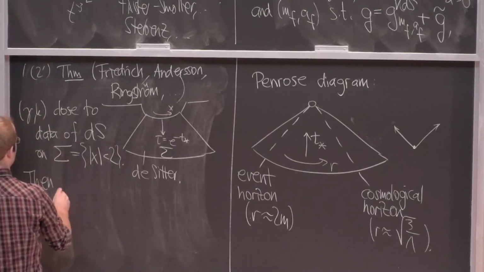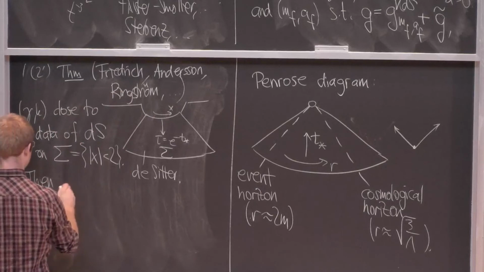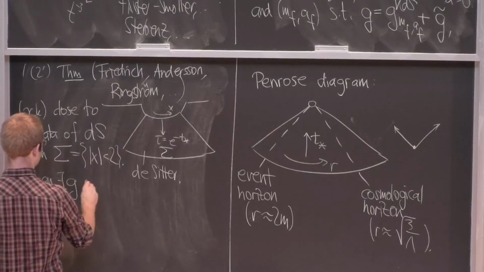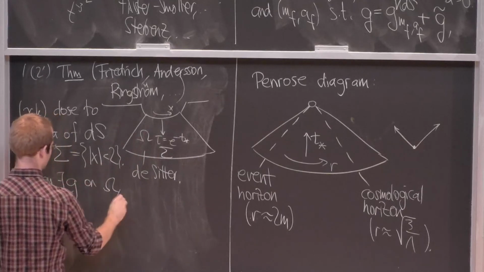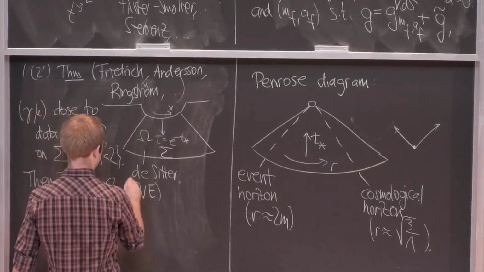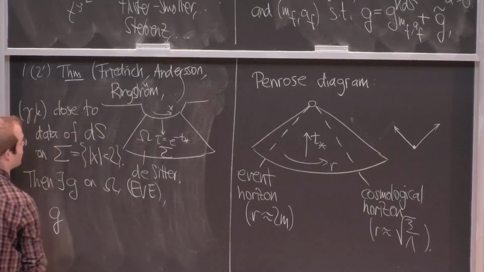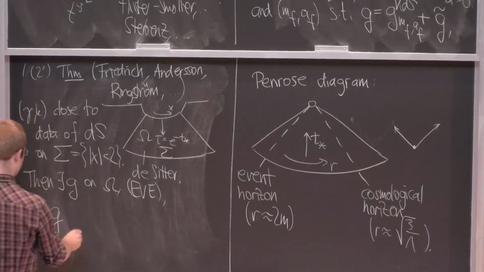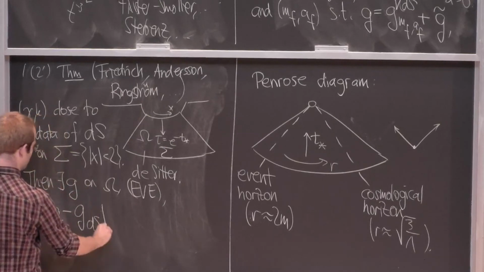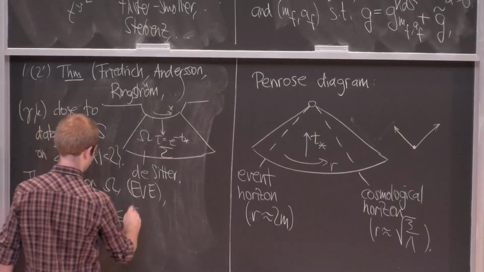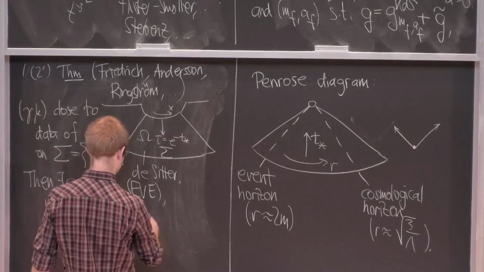Then you again have a global solution g. So then there exists g on omega which satisfies the Einstein vacuum equation. But this time, there are no interesting degrees of freedom asymptotically. So the metric g minus the de Sitter metric, let's call it g de Sitter, just decays exponentially, period.